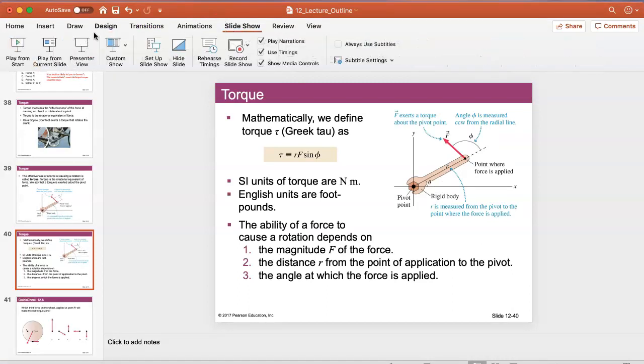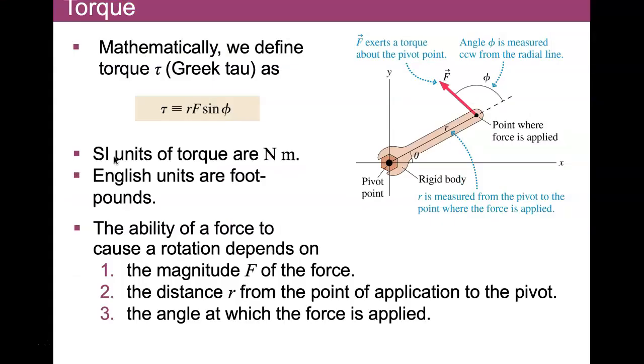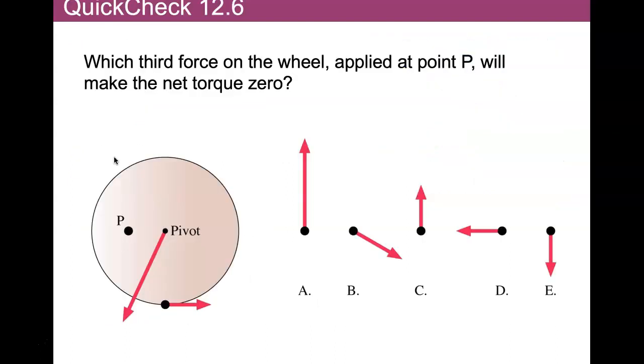So let's keep going. So that was, again, our definition of torque. So let's take a few seconds and think about this problem. Pause the video, and when you're ready, we start and we talk about it.